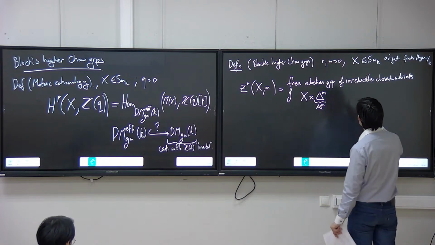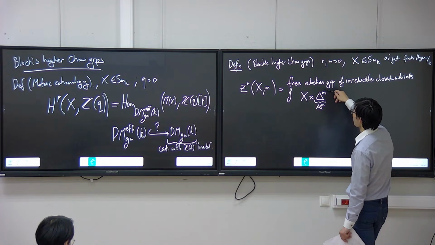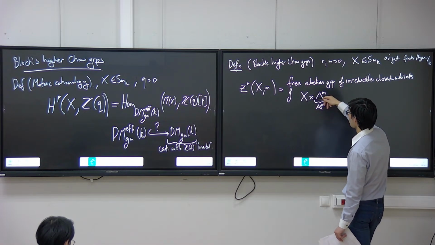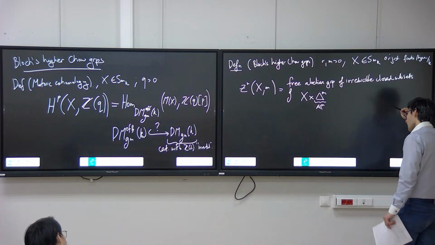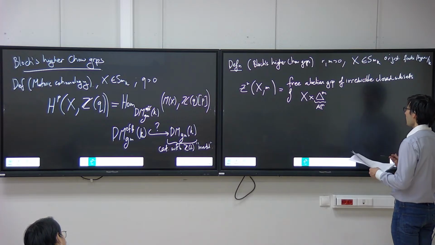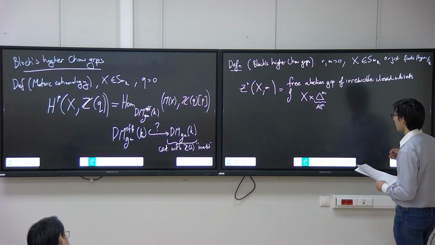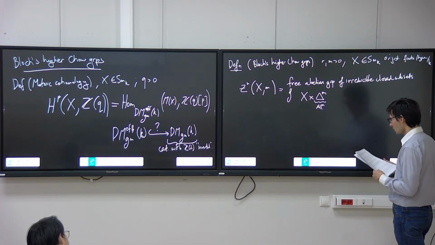If I just define it, this certainly is some kind of higher analog where I look at cycles living in this product, but just having cycles without any properties is going to be too crazy. So we need something so that we can take compositions or intersection products.